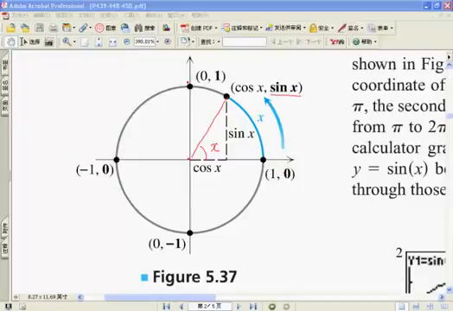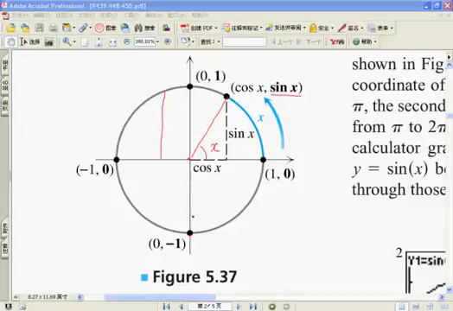Now, from half pi to pi, when you move to this point, you get the angle pi, right? From half pi to pi, this y value decreases from 1 to 0. And from pi to 3 pi over 2, sine x continues to decrease from 0 to negative 1.